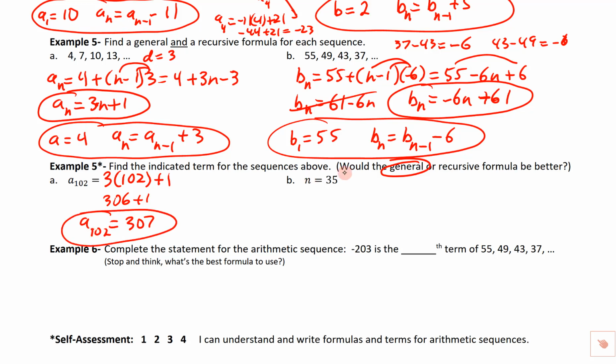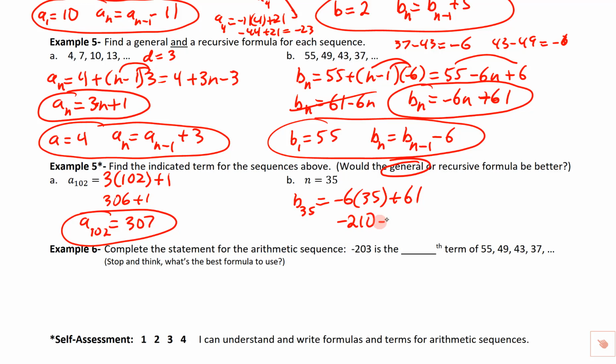And then on this one, we're going to plug in a 35. It's 35 to the nth term formula. So the 35th term is equal to -6 times 35, and then we're going to add the 61 right here. Negative times positive is negative, and 6 times 35, 2 times 35 would be 70, so that's the same as 3 times 70, so that's going to be 210.